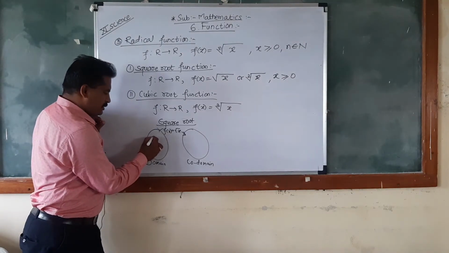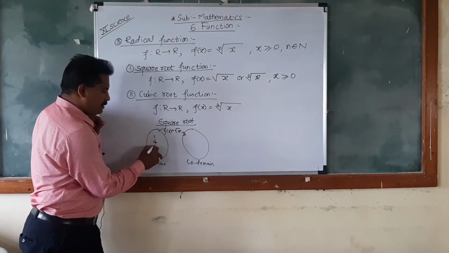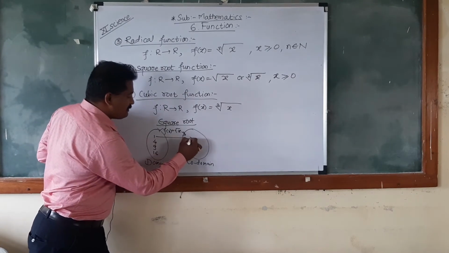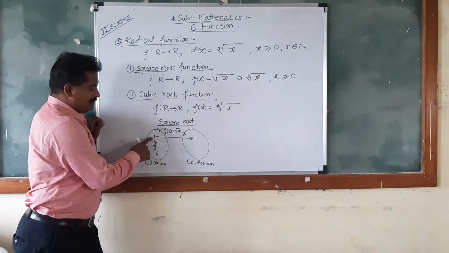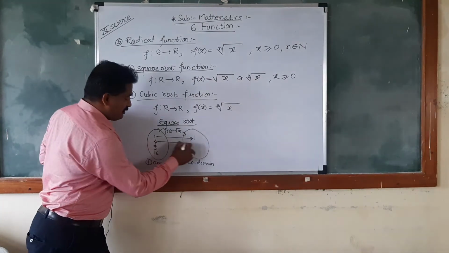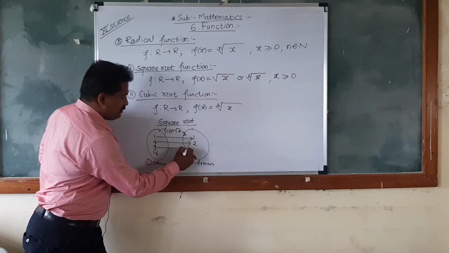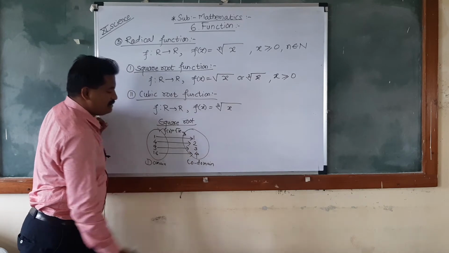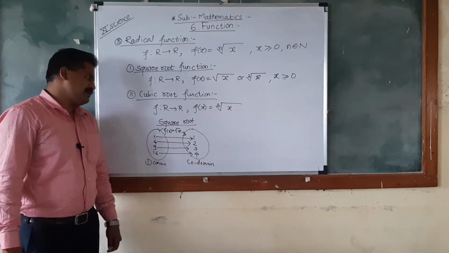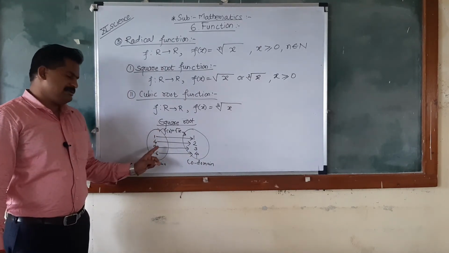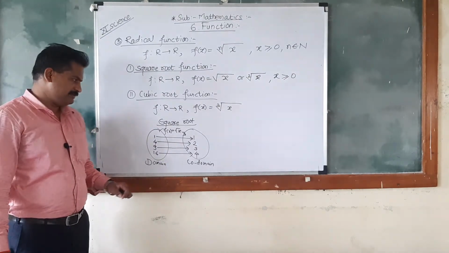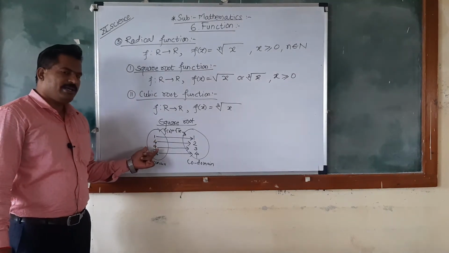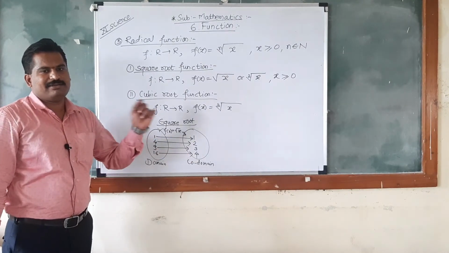Therefore, 1, 4, 9, 16 map to 1, 2, 3, 4. Square root of 1 is 1, square root of 4 is 2, square root of 9 is 3, and square root of 16 is 4. Therefore, this domain and codomain indicate that the given function is applied on the domain, which gives images in the codomain.